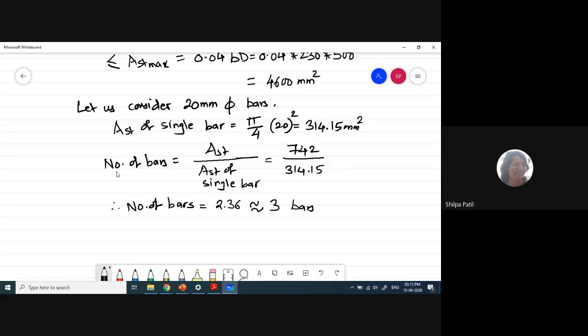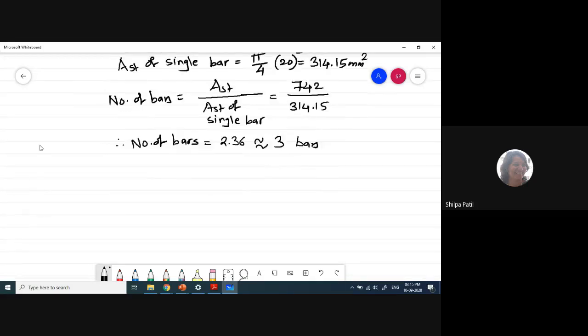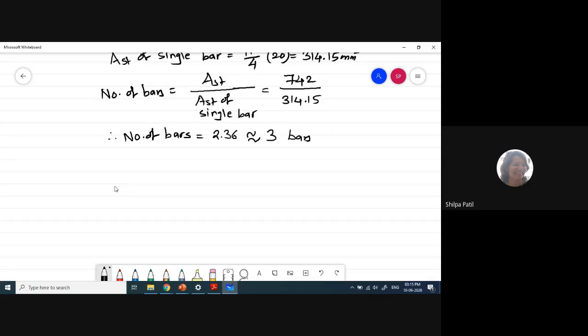Okay. So if we provide 3 bars of 20 mm diameter, what is the provided area of the steel that we have to calculate? AST provided is equal to pi by 4 into d square into 3.